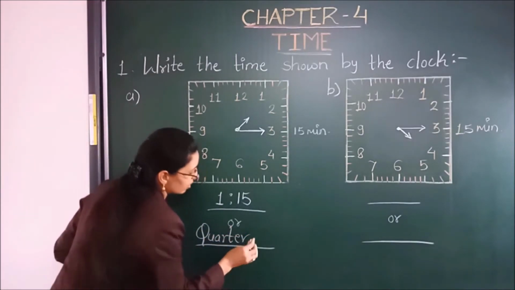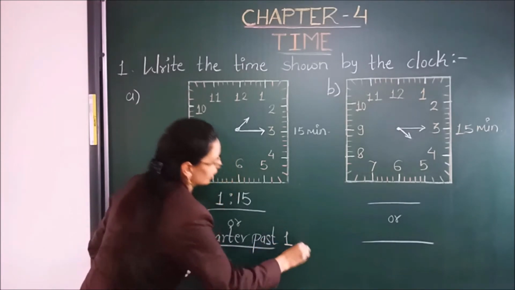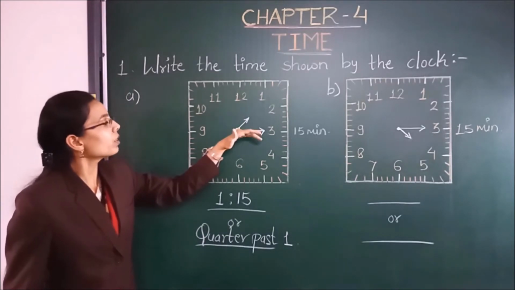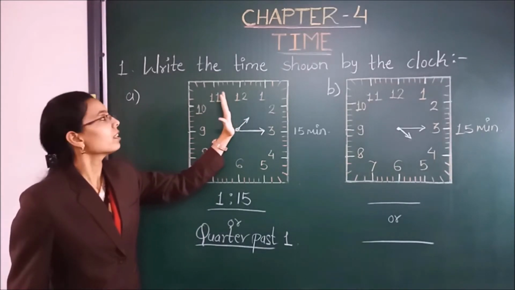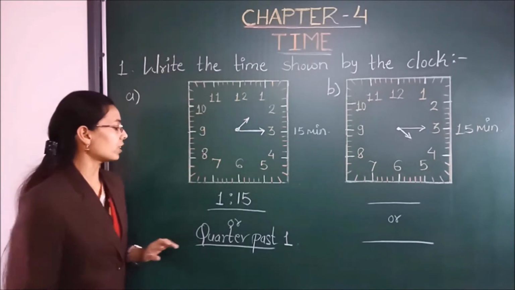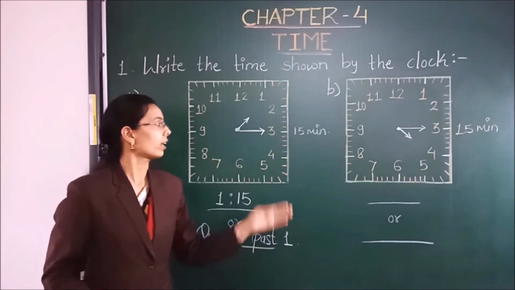Quarter past 1. Because the minute hand was first at 12, then it moves from 12 to 3. That is quarter past 1.